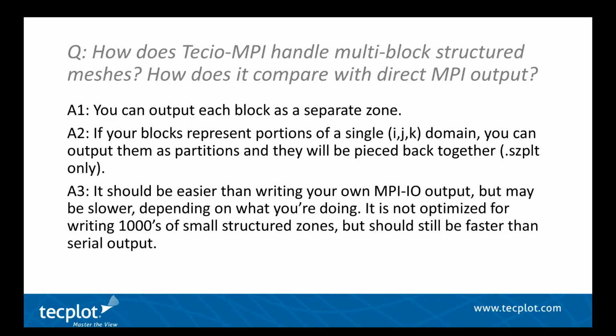TecIO MPI is not optimized for writing gazillions of tiny structured zones. That said, it should still be faster than serial output, where you are transmitting each of these zones to a single output node and outputting them in serial fashion. We do get some speed up over that.